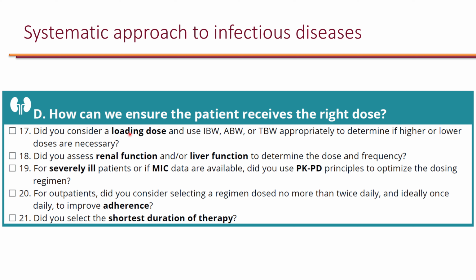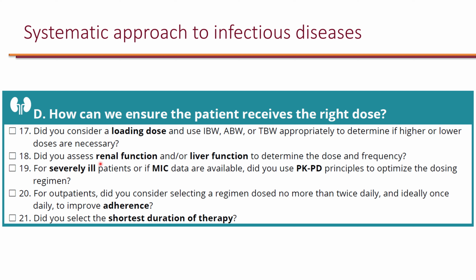So in general, you may consider a loading dose, if it applies to the antimicrobial agent, and you want to make sure that you use appropriate body weight. So sometimes some agents are dosed based on ideal body weight, sometimes adjusted body weight, and sometimes total body weight. So you want to make sure you are using the correct weight when calculating the dose.